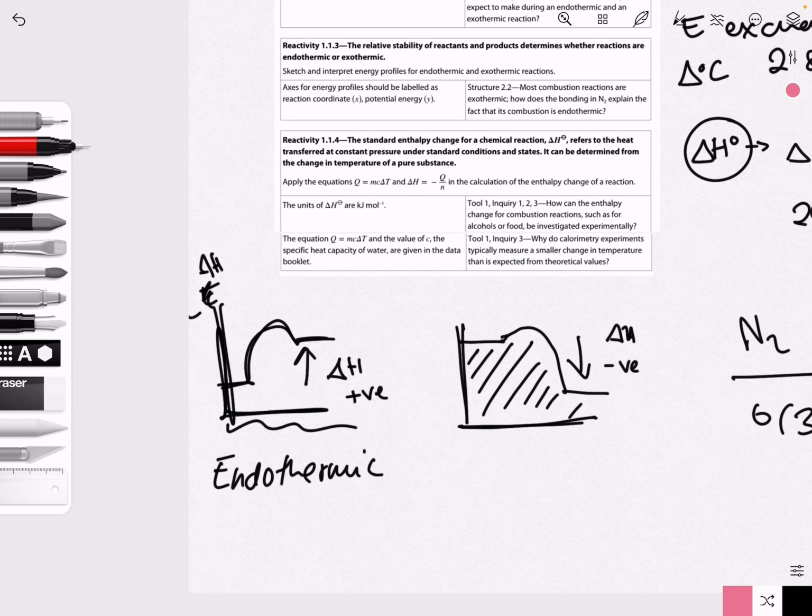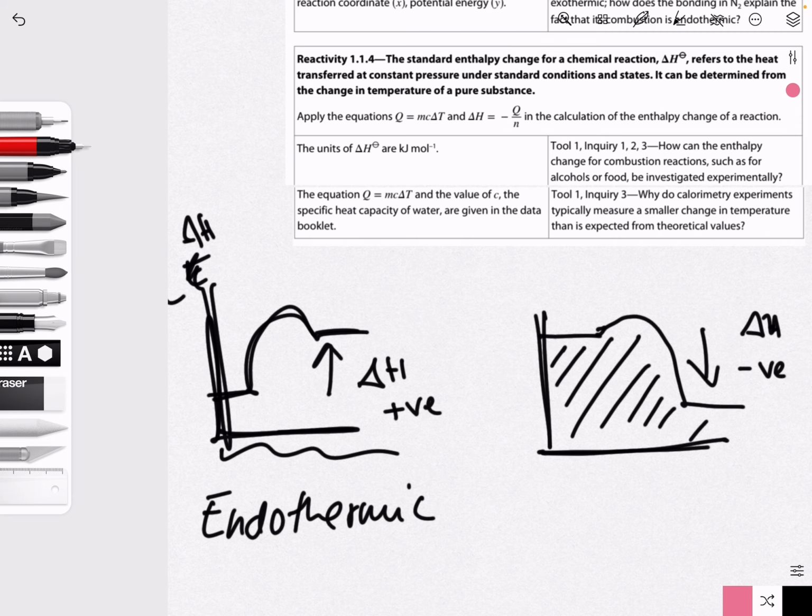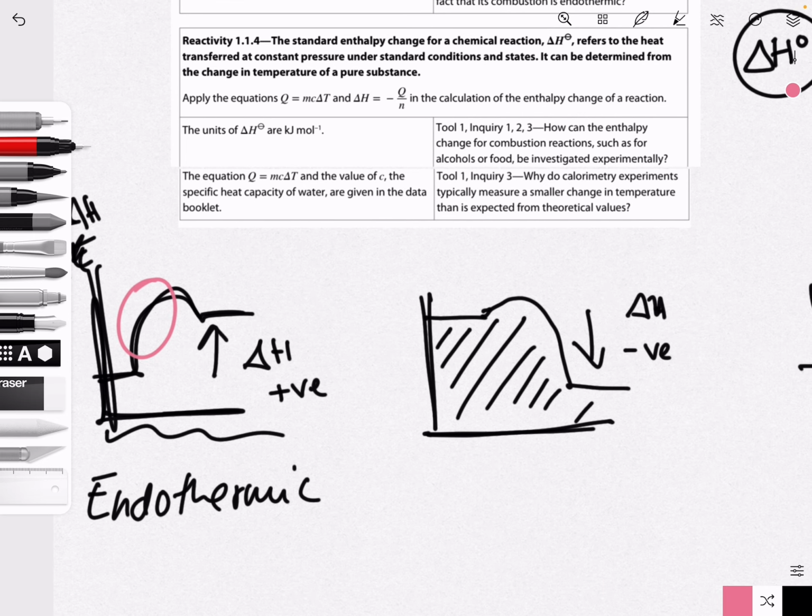Over here to our left on our endothermic diagram, we see a very, very large jump, whereas on your exothermic one, you see a very little one. These jumps represent the activation energy, or in other words, the energy that it takes to kickstart a reaction. To our left, we see a very high activation energy, meaning that this endothermic reaction is fairly thermodynamically stable.